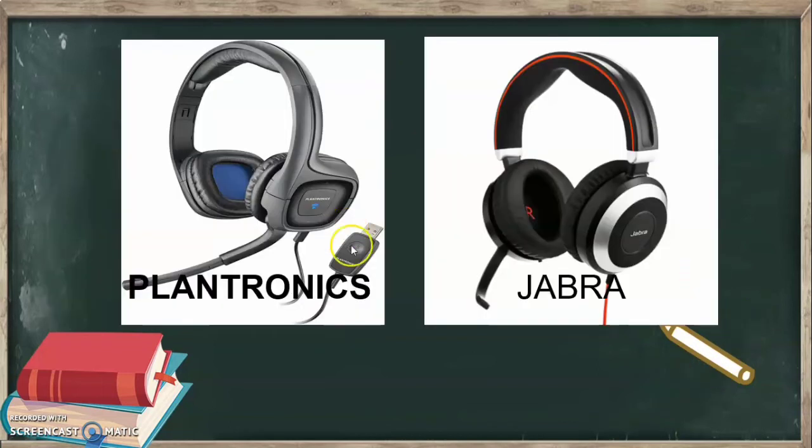Another tool that is very important is a headset, but it has to be a headset with a noise cancellation feature, because you need a perfect noise-free environment to be able to conduct the lesson. Most students are easily distracted by the sound of your environment.